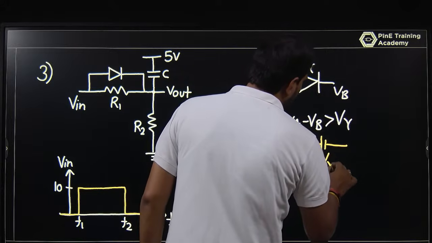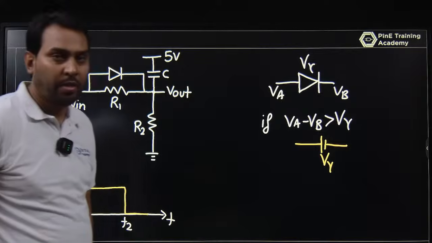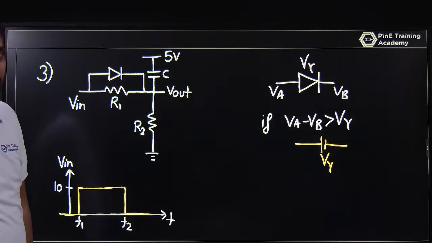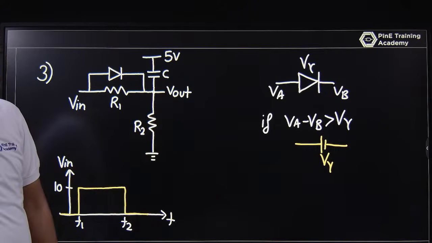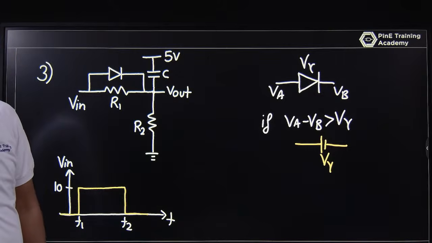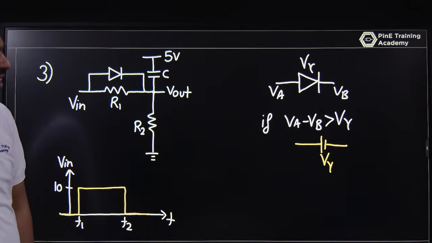That will be a short circuit. If V gamma is 0, it is a short circuit. If V gamma has some value, it will be 0.7 or 0.3. If this is germanium, it is 0.3, and this is 0.7 if you have silicon.